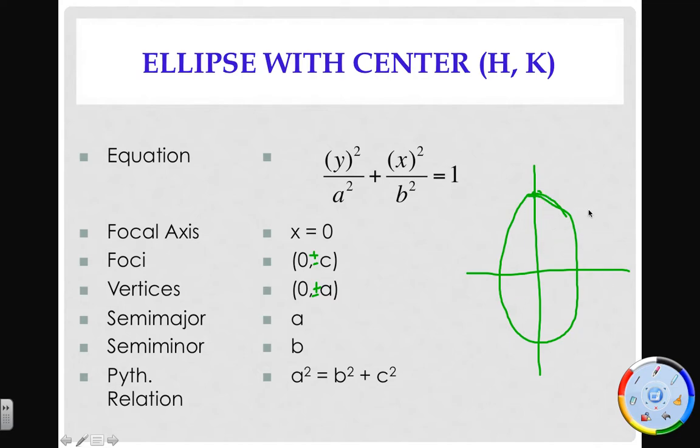This goes with the picture before, okay? So be very careful when you're looking at this Pythagorean relation, because it's not what you think of when you think of the Pythagorean equation.